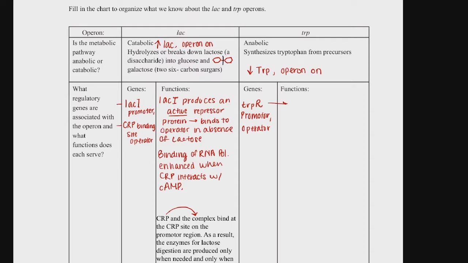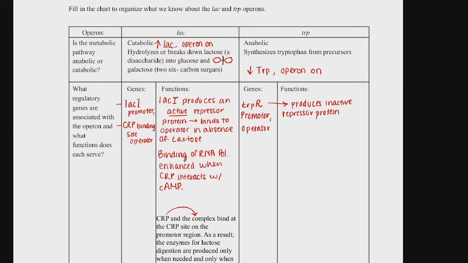And their functions are that trpR produces an inactive repressor, and this binds to the operator only when there's excess tryptophan.